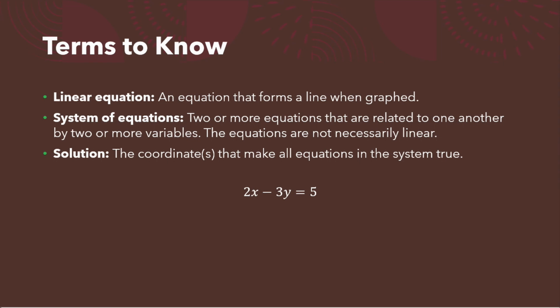So if we wanted to convert this into slope-intercept form, we would subtract 2x from both sides to get this, and then we would divide by -3, and we would get y is equal to -5/3 plus 2/3 x.